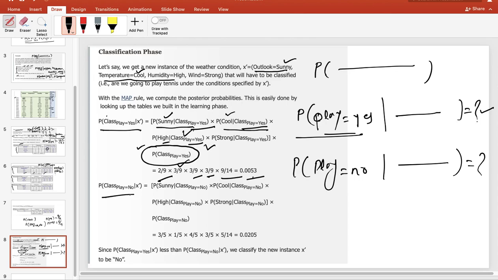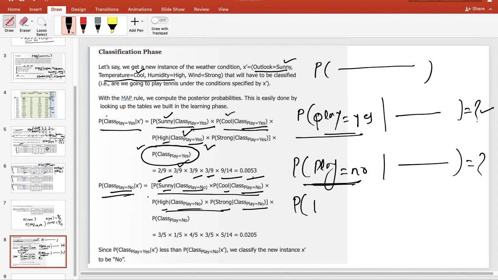Similarly, for class no, now for the probability play is equal to no, we compute this. For every term here, this will remain given no. Only thing is that this will change here: outlook sunny, temperature cool, humidity high, and wind strong.